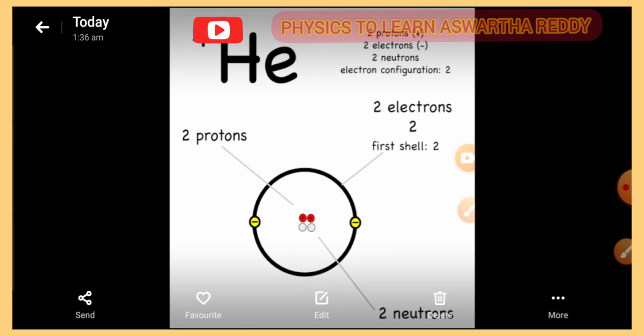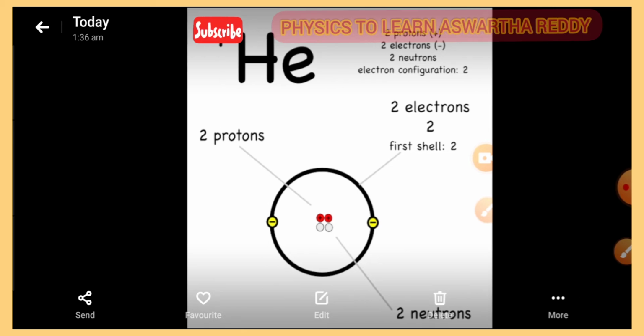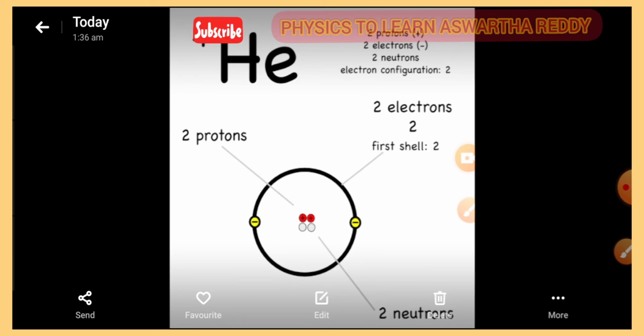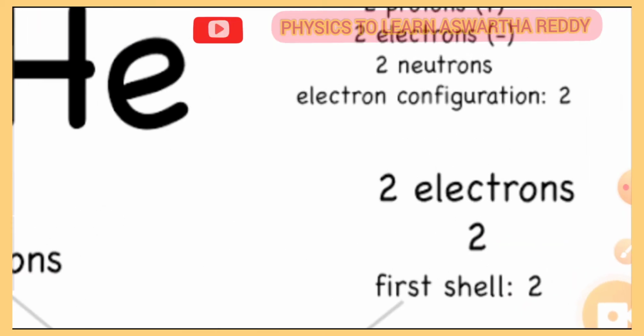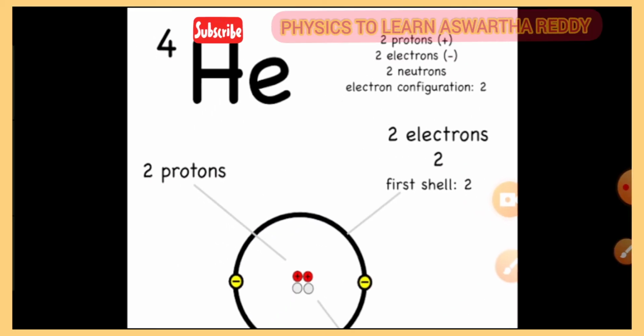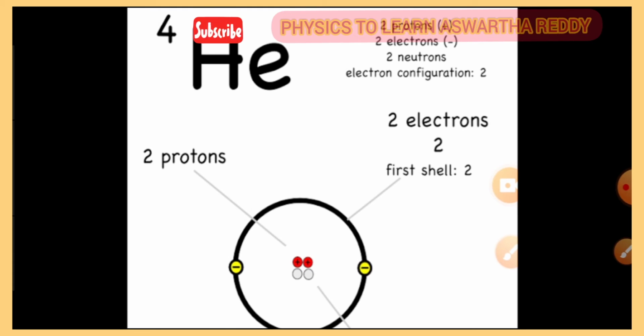What is the net charge? The net charge of helium is 0, because the number of protons equals the number of electrons.